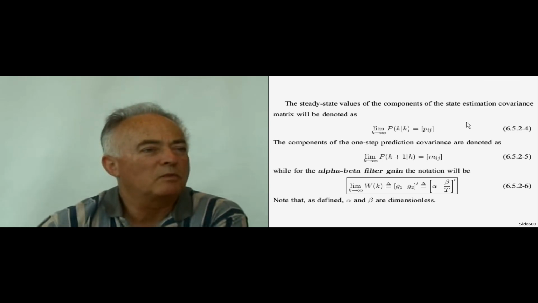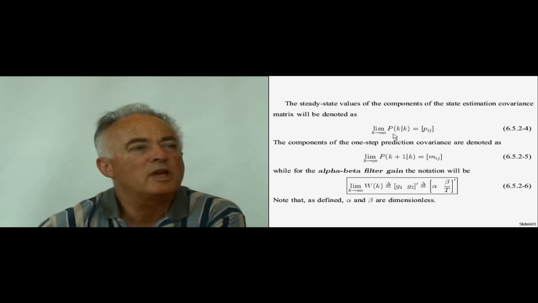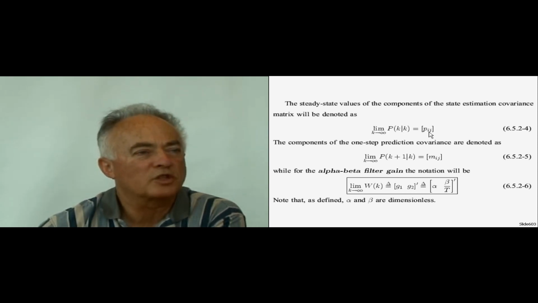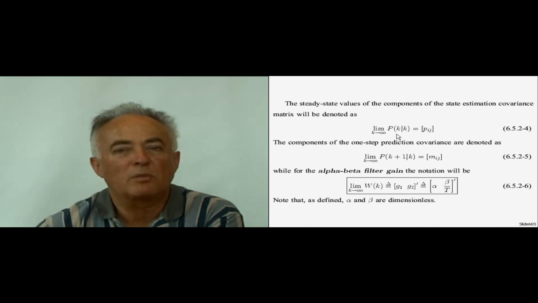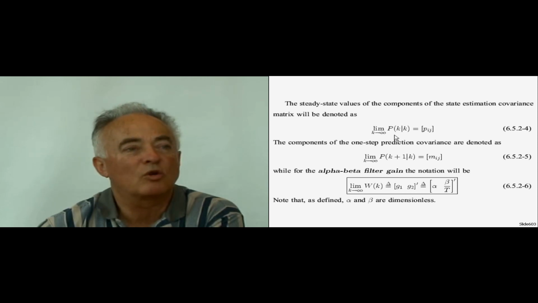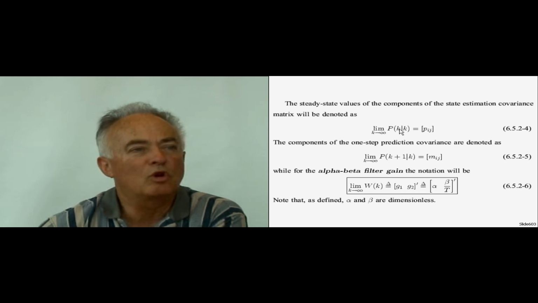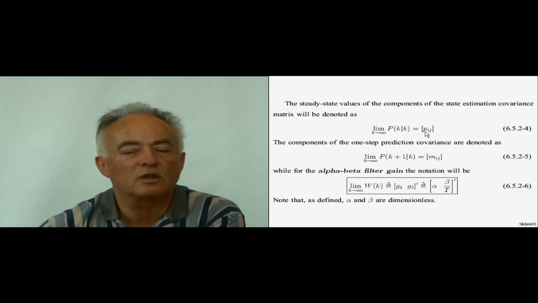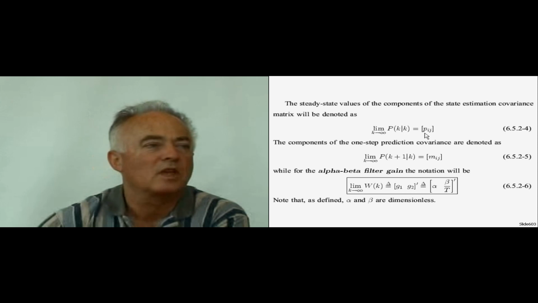Our goal will be the components of the steady state current estimate, or updated state estimate, covariance matrix. P(k|k), as k goes to infinity, will go to a unique steady state, and the components of the resulting steady state covariance matrix will be noted as P_ij. It's a 2 by 2 matrix, but symmetric, so there are only three.